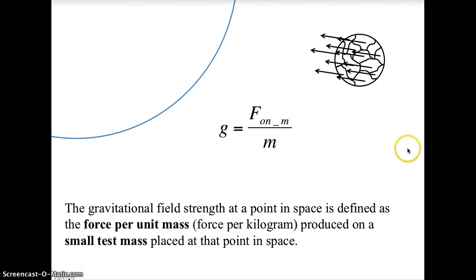And that's what G is equal to. It's how much it pulls per kilogram of test mass. And of course, finally we can understand why the units for G are newtons per kilogram, because force is measured in newtons and mass is in kilograms.